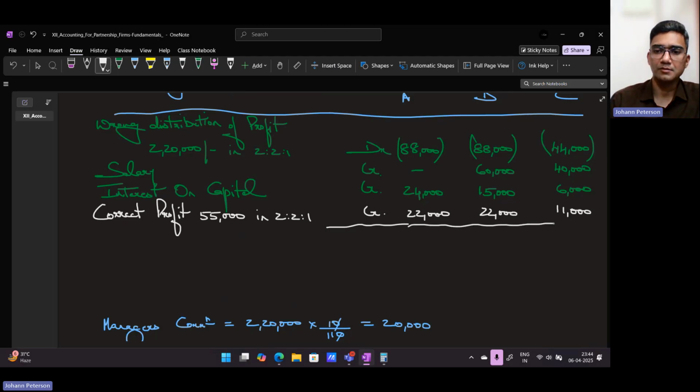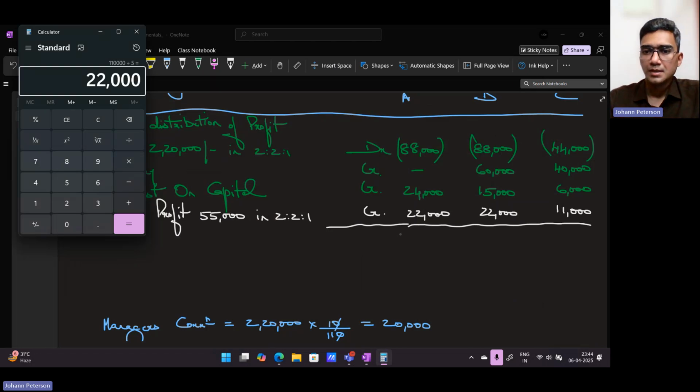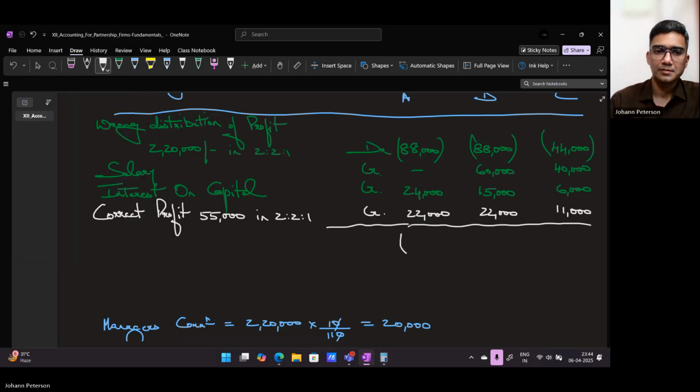Now let's take out the final answer. So my final answer, looking at this vertically, is going to be 88 minus 24 minus 22, which is 42, but it will be with a minus sign. 42, which means debit.